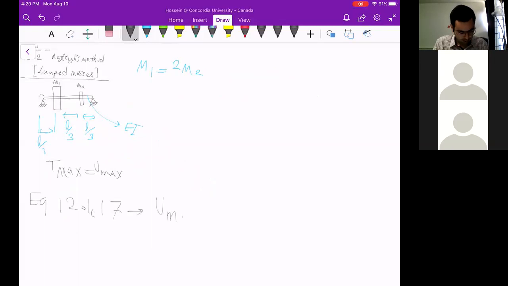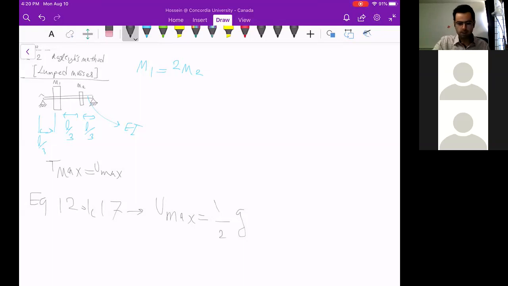The U max is going to be 1/2 g. So we take advantage of the principle of superposition. We consider the effect of each mass on the beam individually. So if you want to consider the effect of M1, you have to remove M2 and M3. We consider the contribution of each mass individually and separately and make a summation at the end.